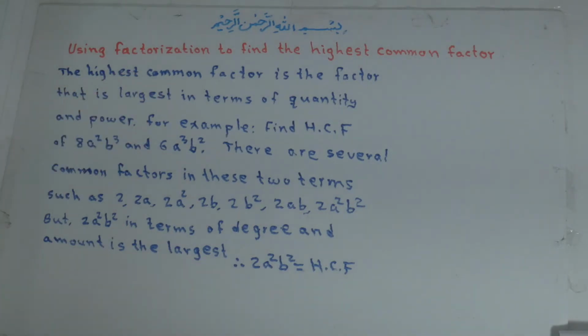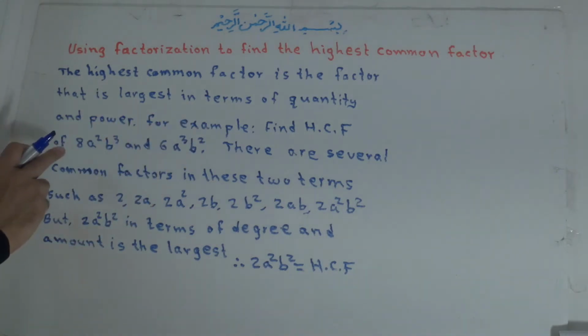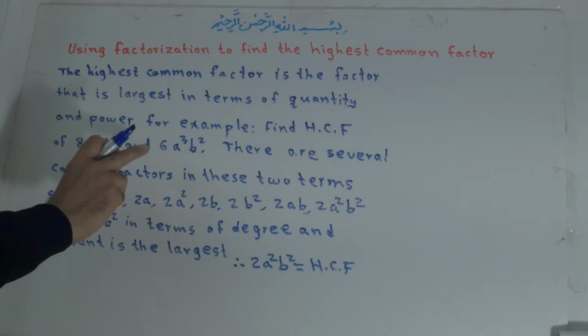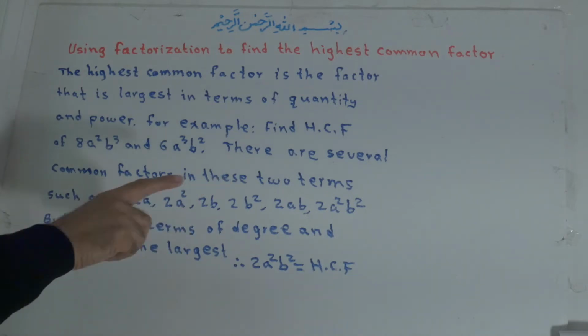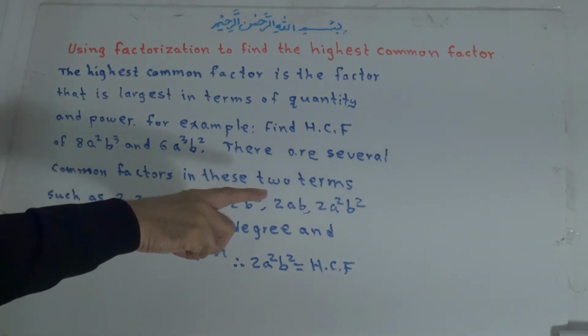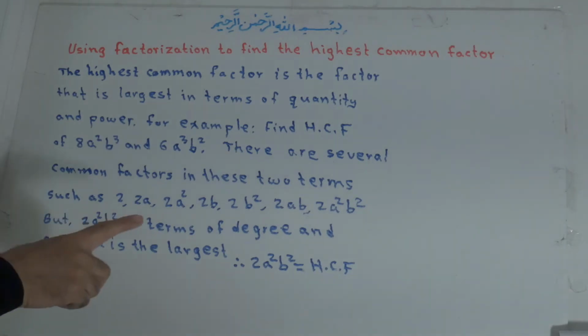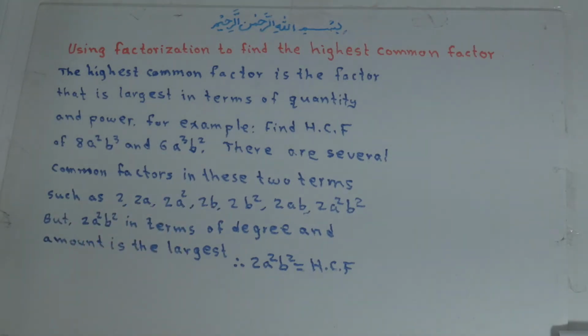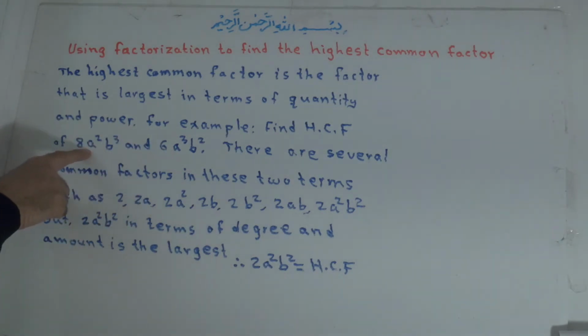The highest common factor is the factor that is the largest in terms of quantity and power. For example, find the HCF of 2a to the power of 2, b to the power of 3, and 6a to the power of 3, b to the power of 3. There are several common factors in these two terms, such as 2a, 2a to the power of 2, 2b, 2b to the power of 2, 2ab, 2a to the power of 2, b to the power of 2, but 2a to the power of 2, b to the power of 2 in terms of degree and amount is the largest. Because if we take the power of 3, here is a to the power of 3, but here is not a to the power of 3.